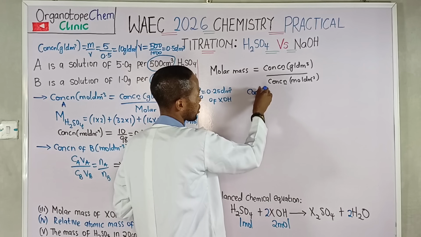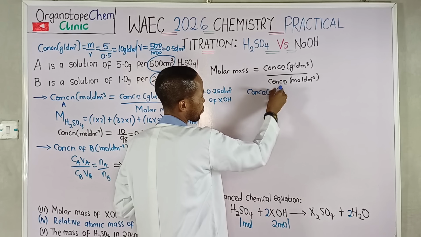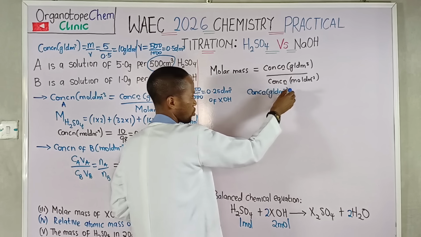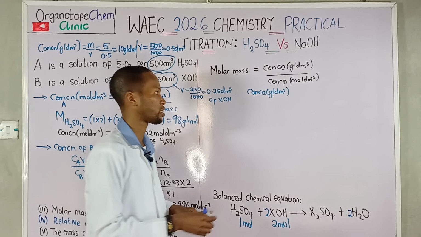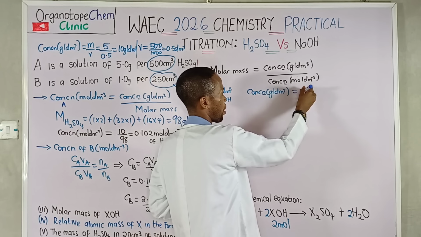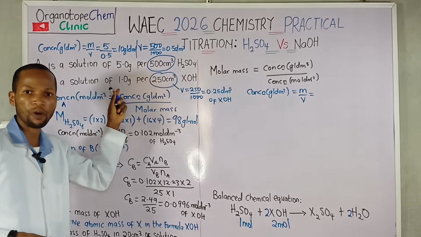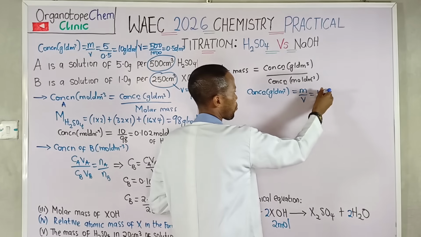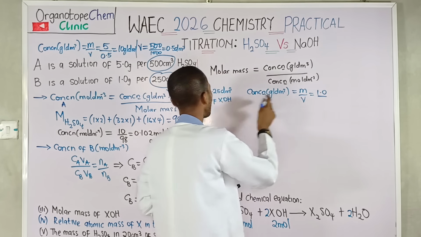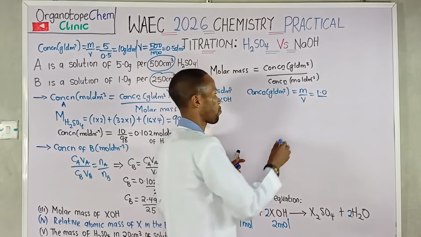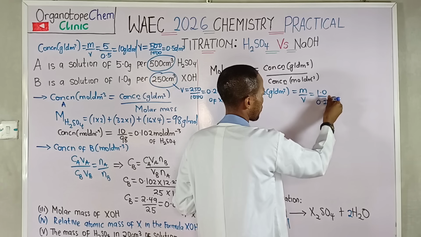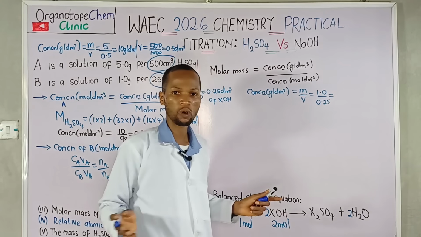So concentration in gram per dm cube of XOH equals mass over what? Volume. So what is the mass? We're having 1.0 gram, 1.0 divided by, and the volume is what? 0.25. So when you press your calculator, what do we have?